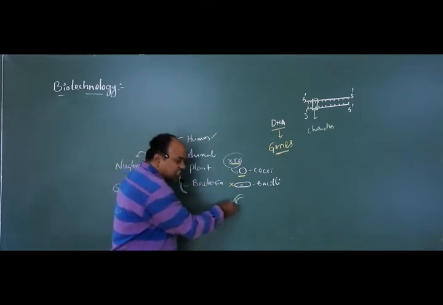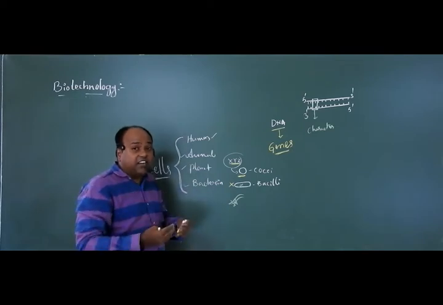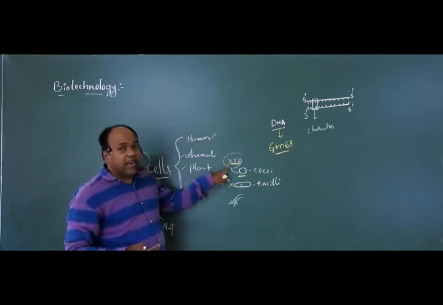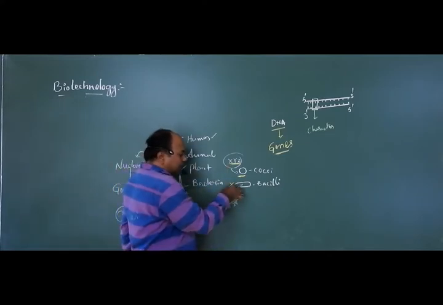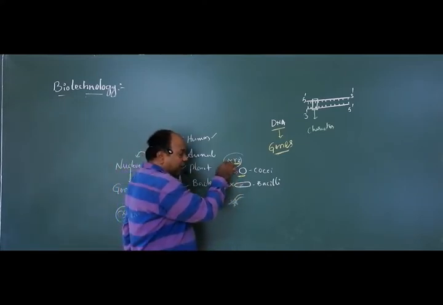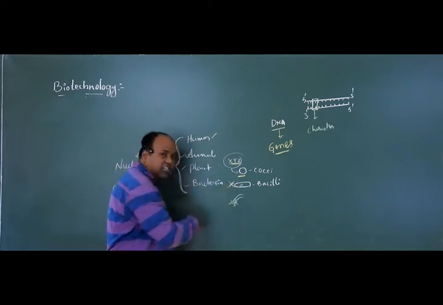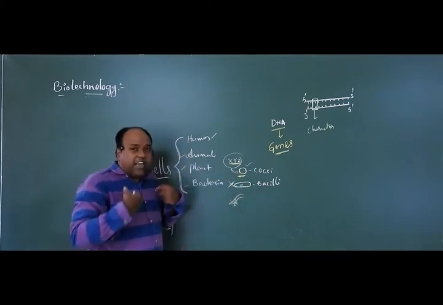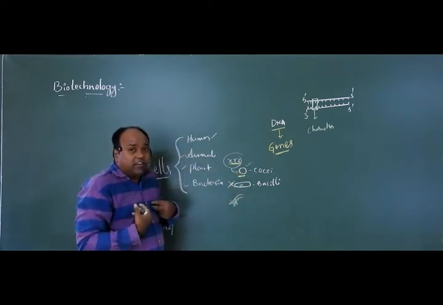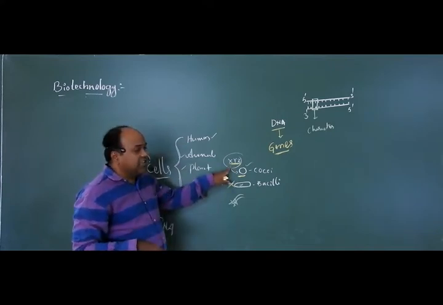What happens if the gene is absent? It will not show the resistance character against this antibiotic. So whenever we grow this bacteria in the presence of this antibiotic, it cannot survive. Why? Because it is not having the gene. The other one has the gene, that's why it is gaining the character, to survive against this antibiotic.